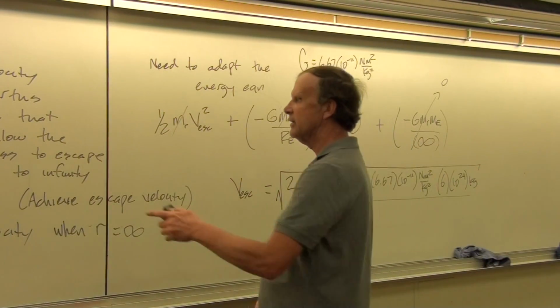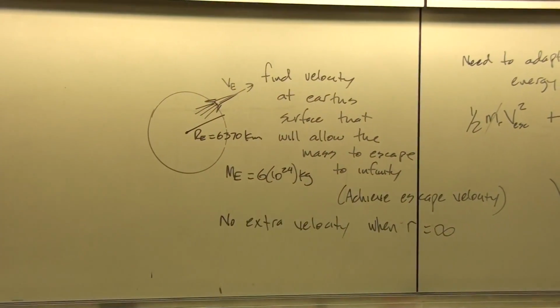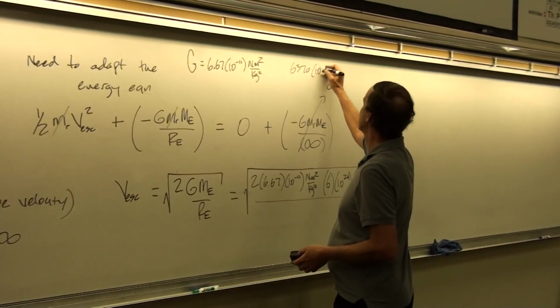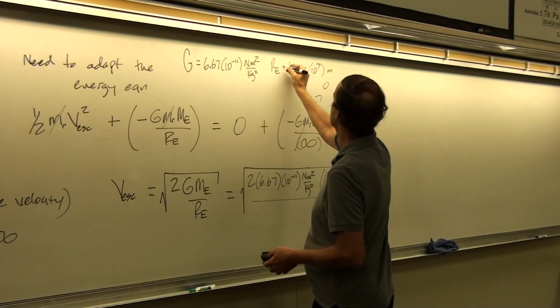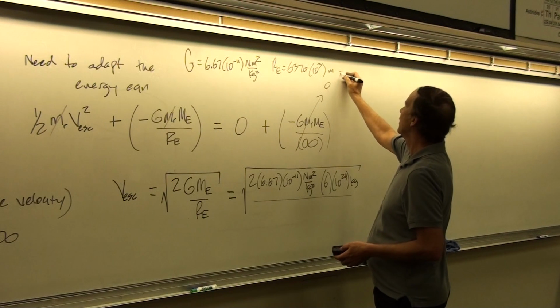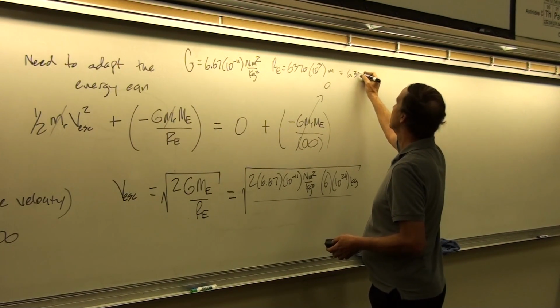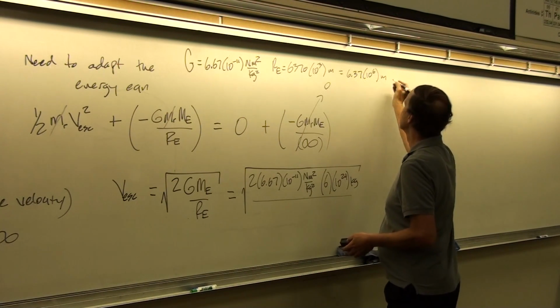Now here we are given it in kilometers, so 6370 times 10 to the 3 meters, that's RE, because this is 6370 kilometers, or that's 6.37 times 10 to the 6 meters.